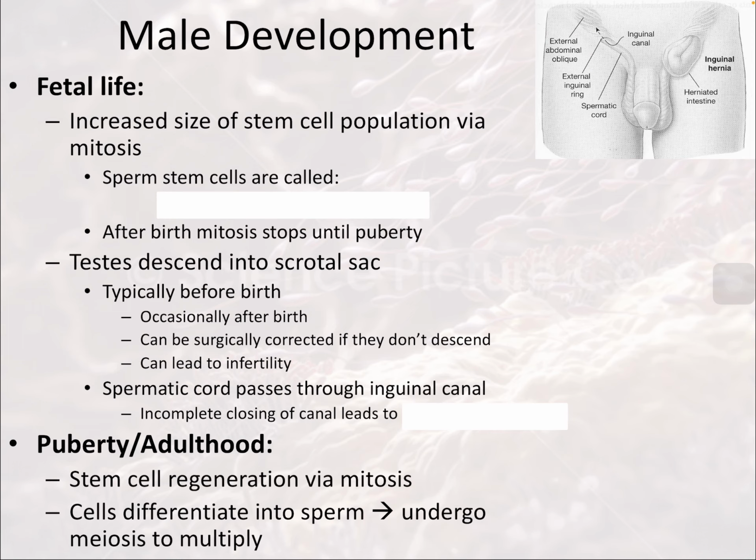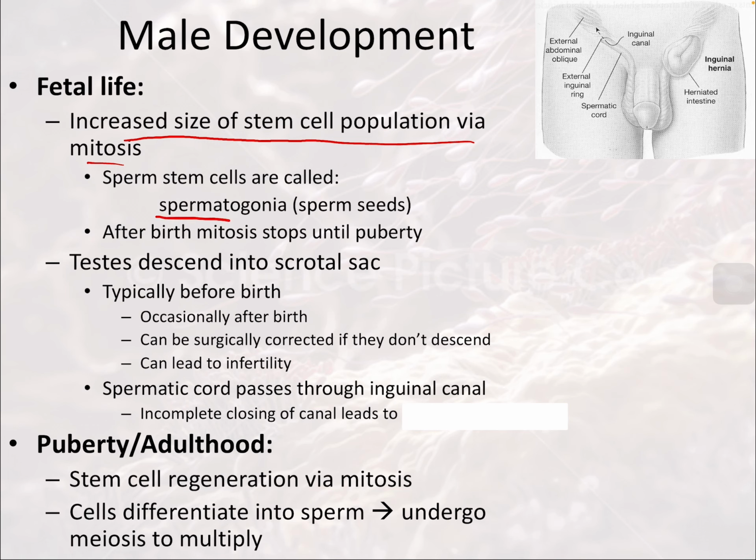Okay, so a little bit about male development. As I just mentioned, during fetal life, there's a mitotically dividing stem cell population. Okay, so we're increasing the size of the stem cells. Sperm stem cells are called spermatogonia. Okay, and I think I said spermatozoa on the previous slide. That's not the correct term.